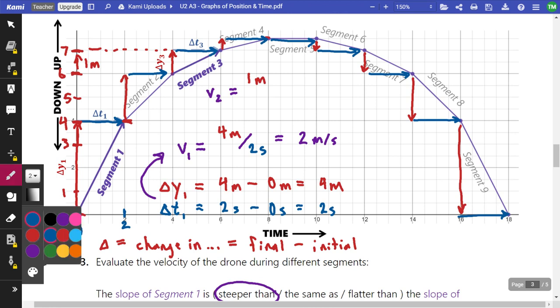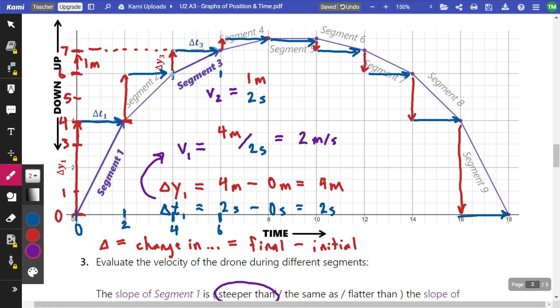Okay, our time is going from here to here. In other words, from 4 seconds to 6 seconds. So you could do a final minus initial and do 6 minus 4, or you could just say from 4 to 6 seconds, that's 2 seconds.